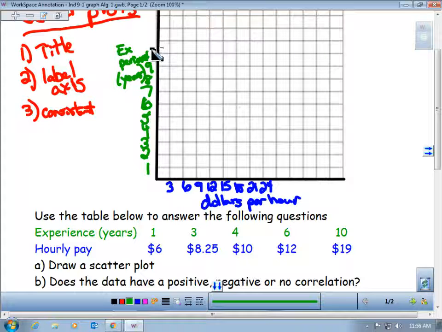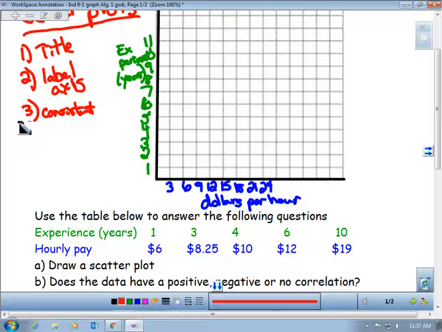Sorry, guys, this thing's jumping around here. I'll get it going. So whatever it is, be consistent.